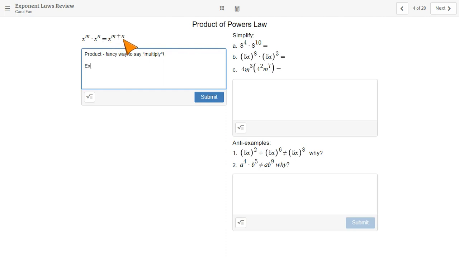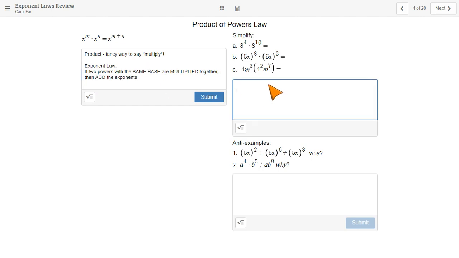So let's write that in words. The exponent law says if two powers with the same base are multiplied together, then we can add the exponents together. Okay, let's do a couple of examples to illustrate this.